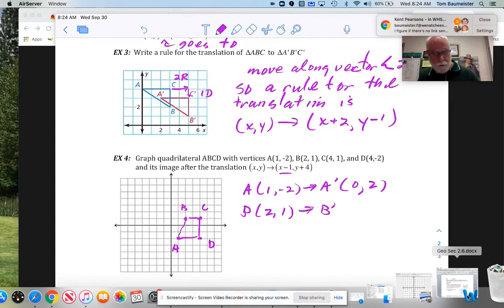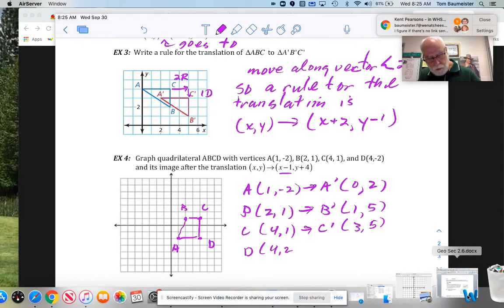B prime is 2 minus 1, or 1, and 1 plus 4, which is 5, and so on. So C will map to 3 and 5, and D, which is at 4 and -2, will map to D prime 3 and 2.